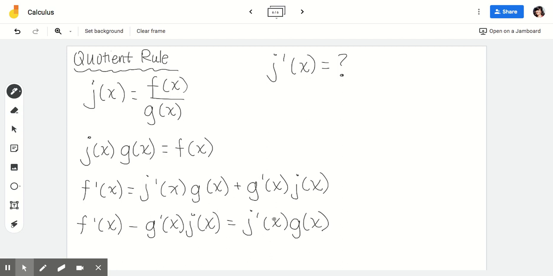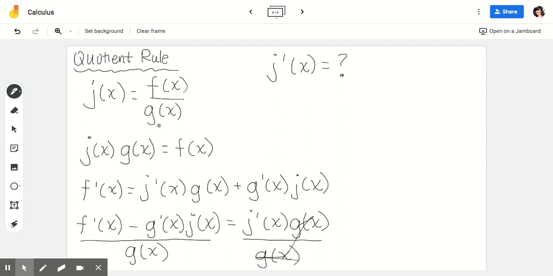Okay, and then finally, to get the derivative of j of x all by itself, I would have to divide both sides by g of x. I'll make a giant 1, and I'll be left with this right here. So I have the derivative of f of x minus the derivative of g of x times j of x, all over g of x.